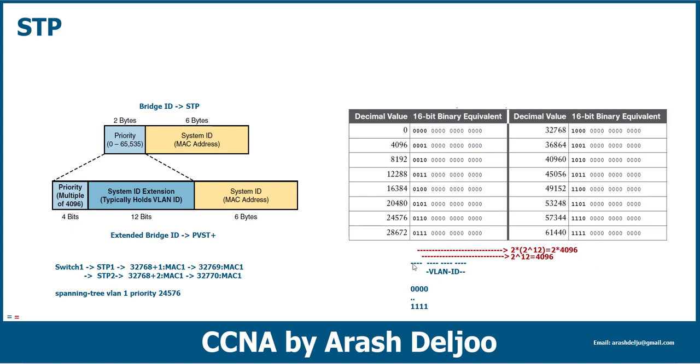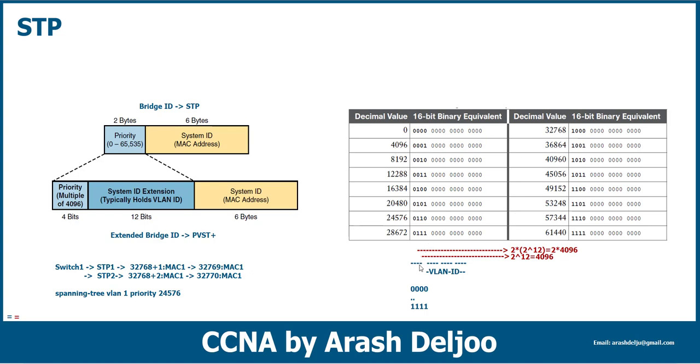The next is 4 multiplied by 4,096, and finally we have 8 multiplied by 4,096. Actually, we can say with these 4 bits we can create a multiplier of 4,096. If you use 0000 in these bits, we have the value of 0 in priority. When you use 0001 in these 4 bits, the value is 4,096.